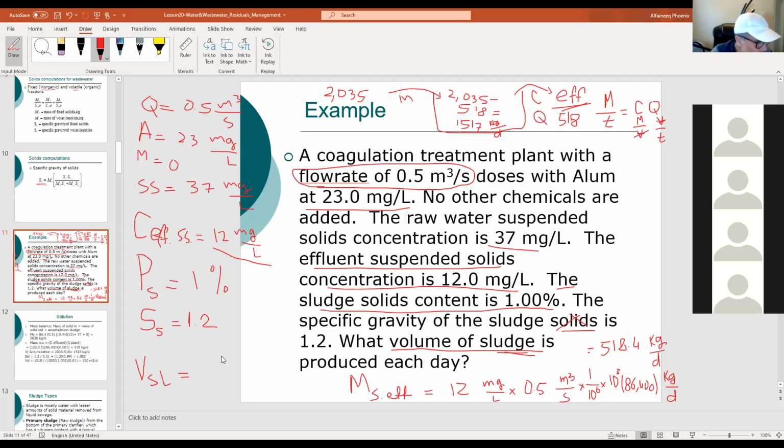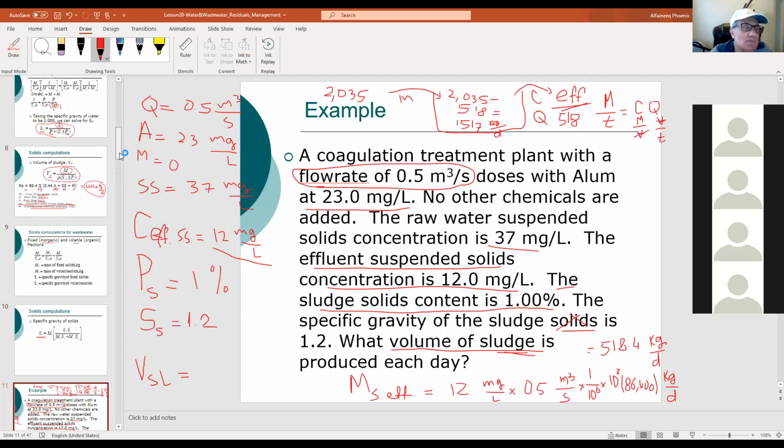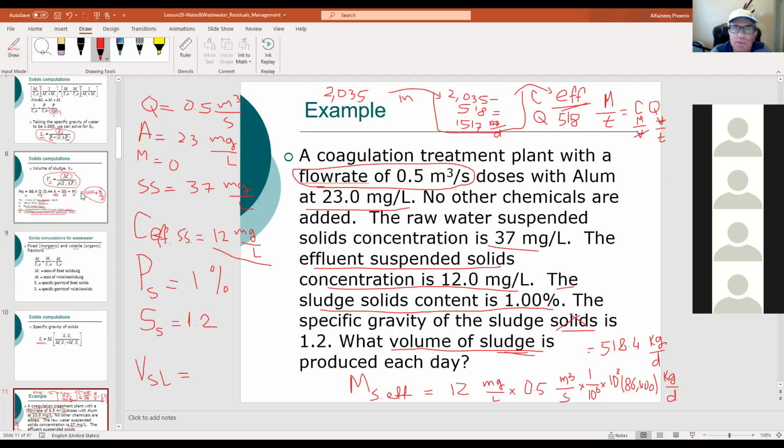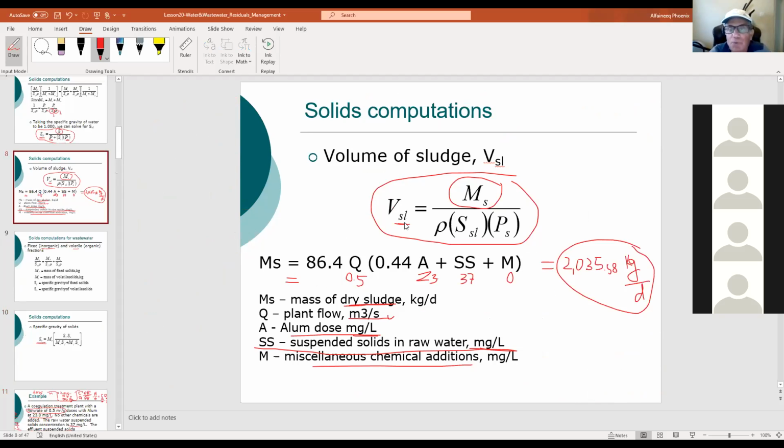Okay, what you are going to do now? We need to calculate VSL. This is the goal. So let me go back here, VSL. This is what you are going to calculate, all right? What we know. This number is known now. Let me just remove these circles.